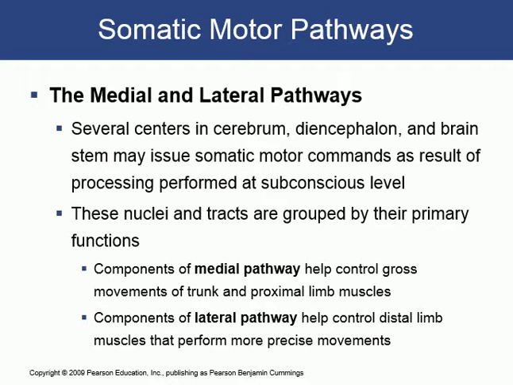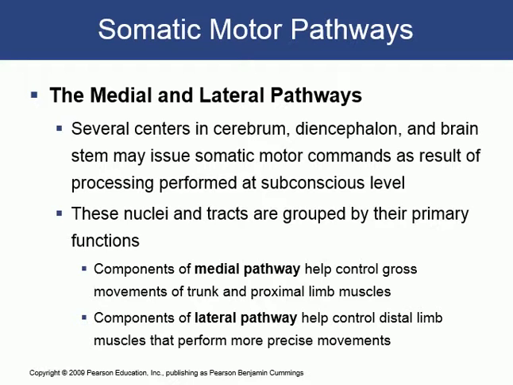The medial pathway, the medial motor tract, is going to control the movement of the trunk and proximal limb. The lateral will control the distal limb. Okay? Are we following so far?